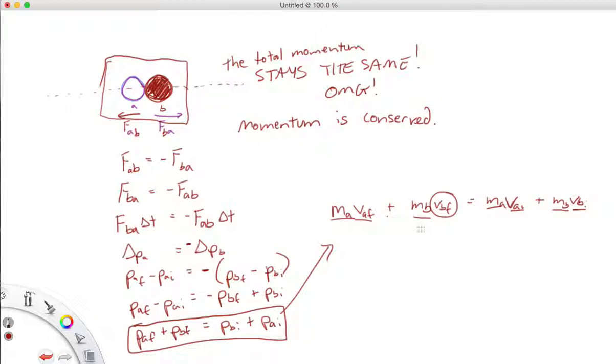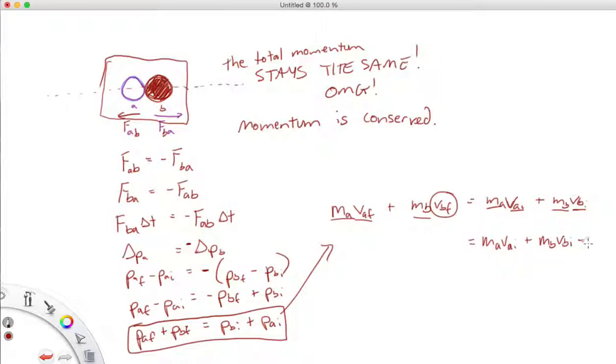So all you need to do here is rearrange all these variables. I'm just going to rearrange the variables. This is the same for every problem like this. It's very, very similar. Now we subtract first.